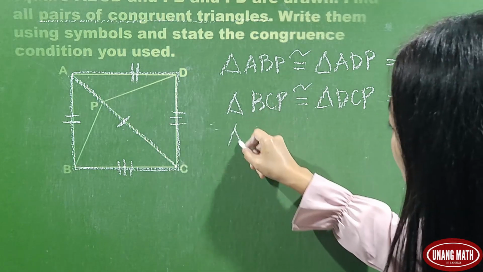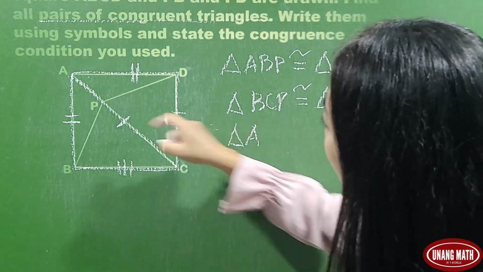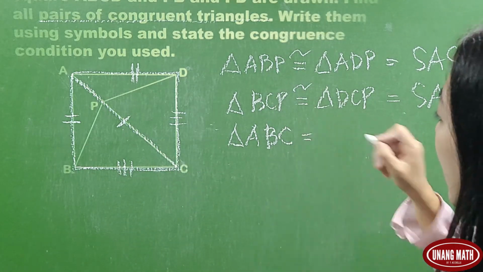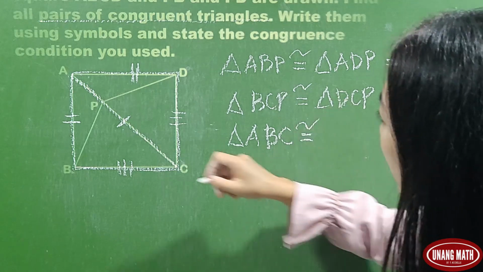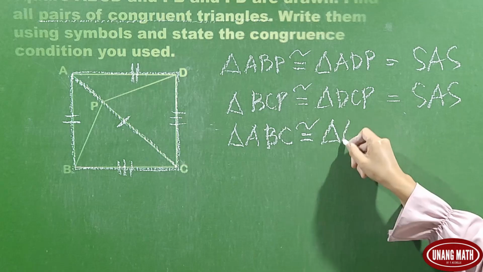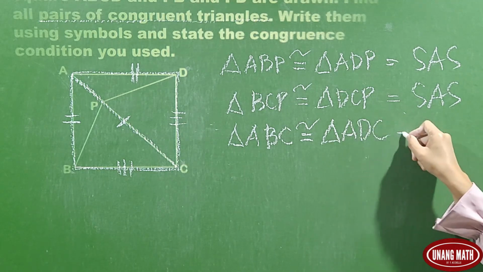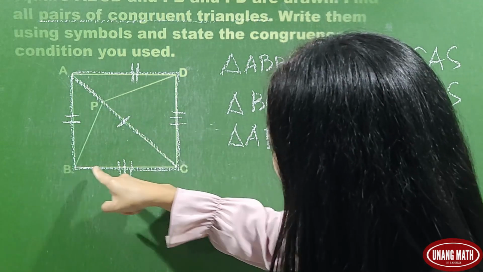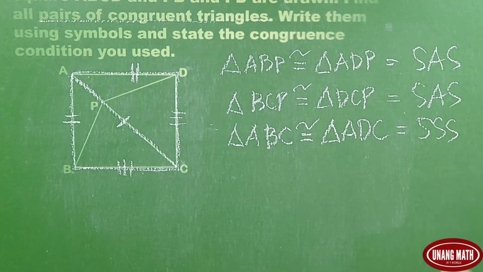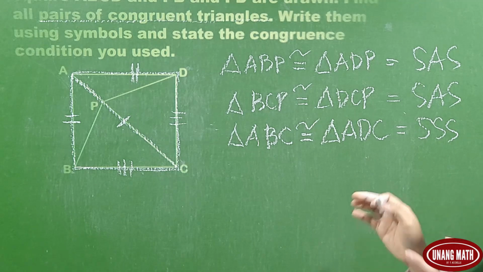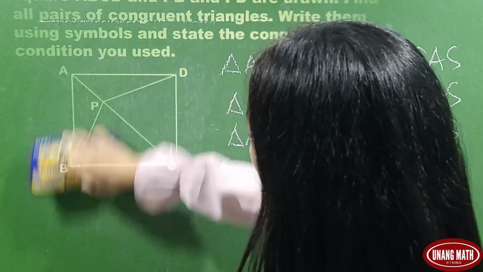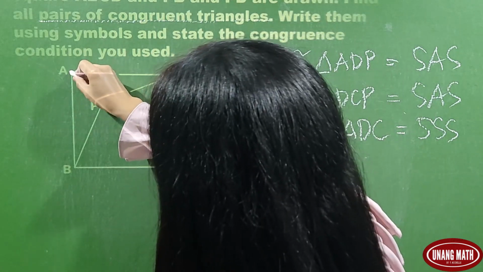So we can say that triangle ABC is congruent to triangle ADC, and that is side, side, side. So we have SSS congruence.